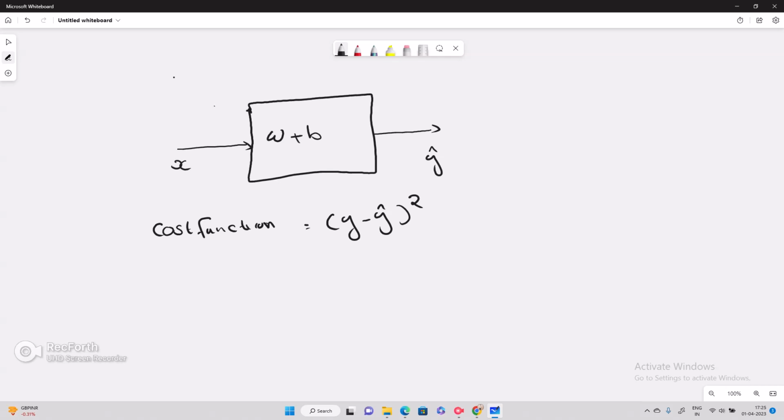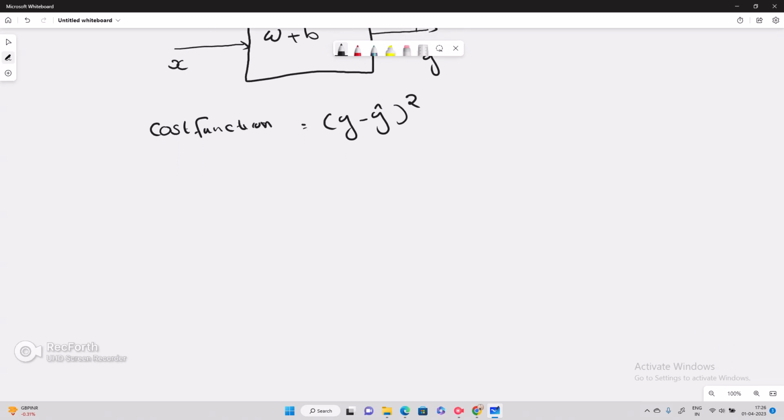We will calculate the cost function, then we will be updating the weights back. Here we will have an optimizer, then we will update this weight back to the neural network. So this is what usually happens.